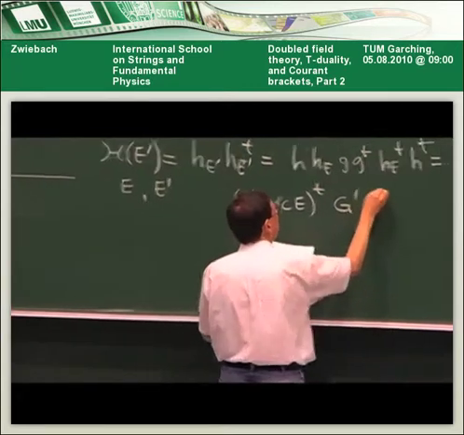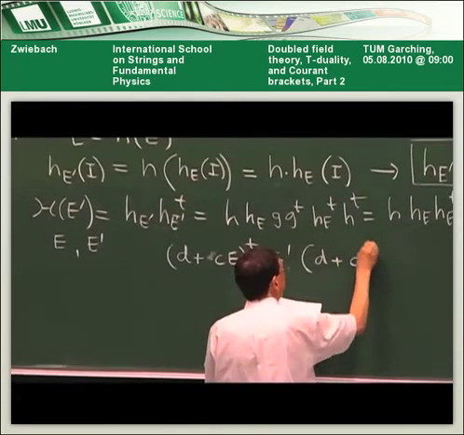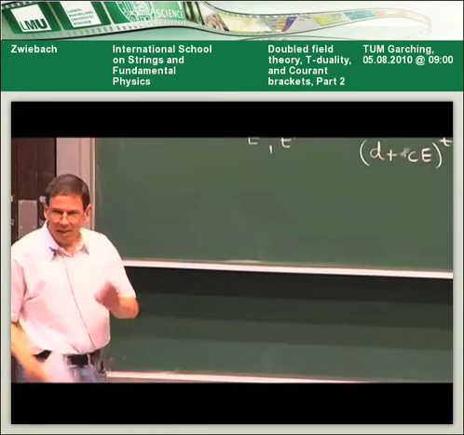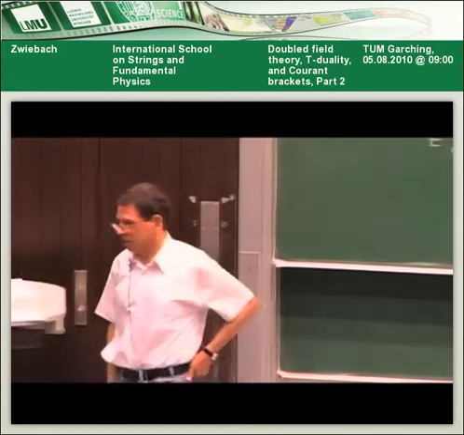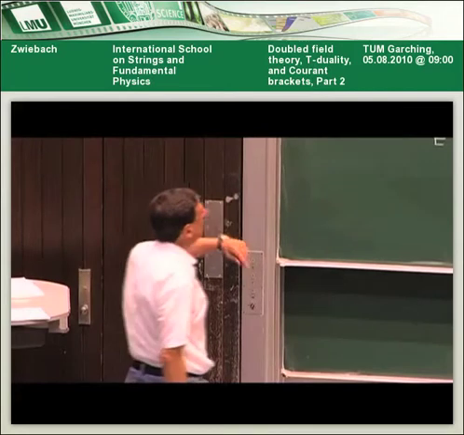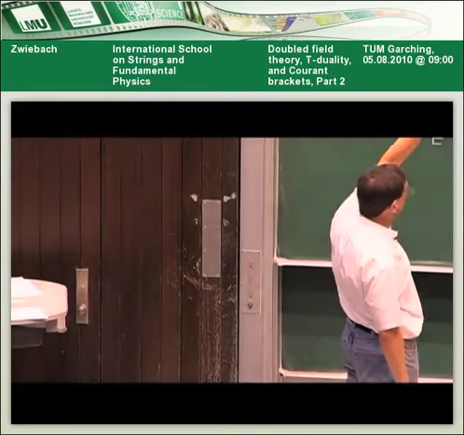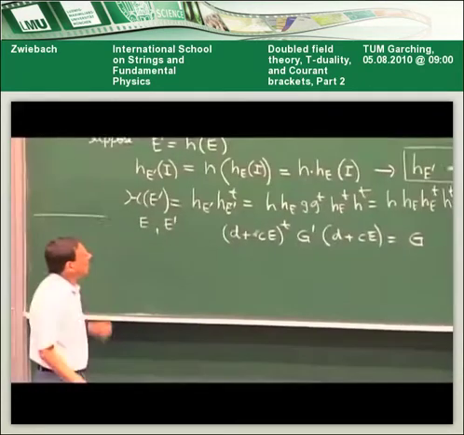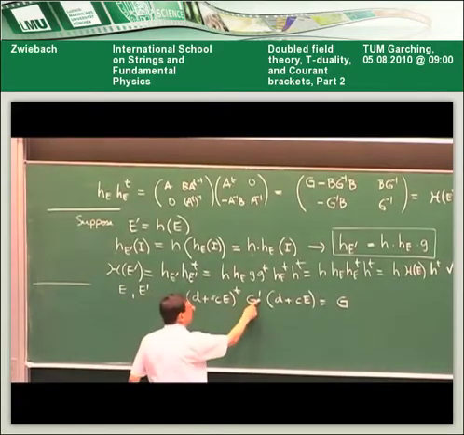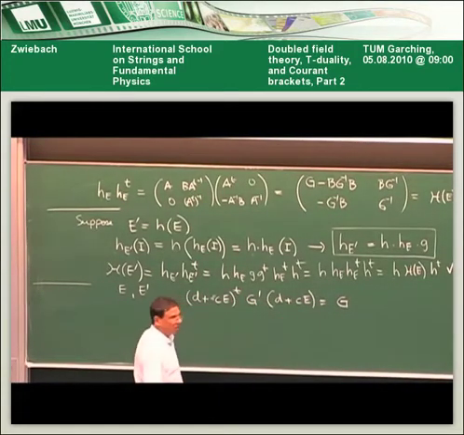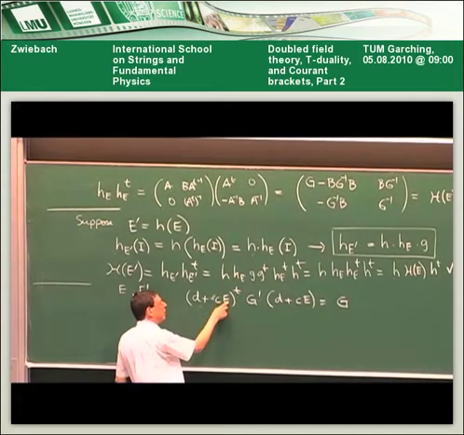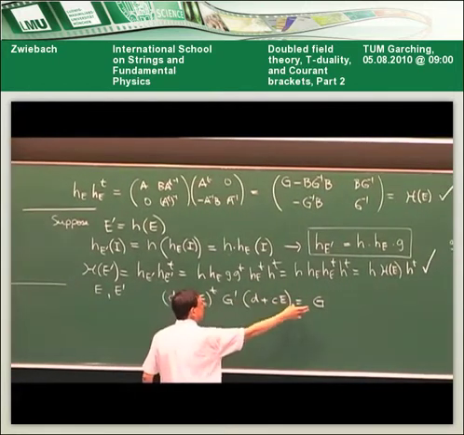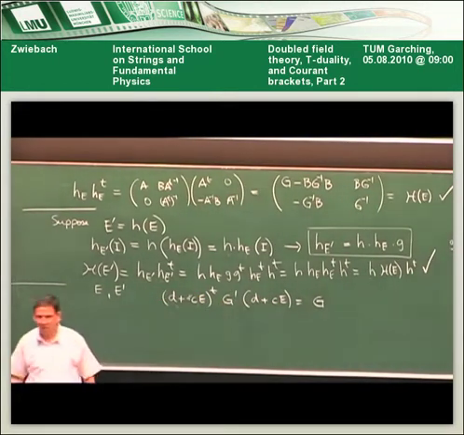G prime and G are related this way. It's sort of interesting. It doesn't involve the A and B matrices of H. When we're doing our duality transformation, of course, H has A, B, C, and D, but only C and D and E itself enter here. So this is the relation between G prime and G, and you would say, well, it's even not all that obvious because there's a matrix here and G is in here. But in a sense, G prime, you could put this matrix to the other side, this matrix to the other side, and G prime is determined.